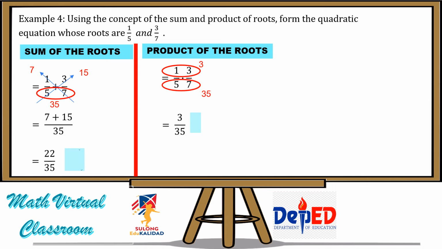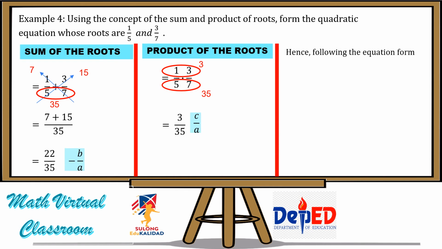Remember that the sum of the roots is denoted by negative b over a, and the product is c over a. Hence, following the equation form, x squared plus b over a x plus c over a is equal to 0, we simply substitute our sum and product.